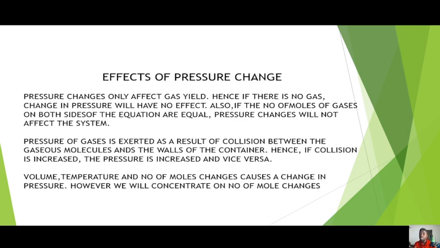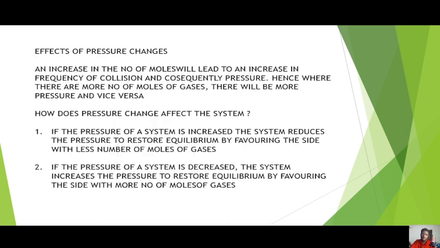So once I'm increasing the collision, automatically I'm increasing the pressure, which means if I'm decreasing the collision, automatically I'm decreasing the pressure. Volume, temperature, and number of moles changes cause a change in pressure. However, we are going to concentrate on the number of mole changes because that is exactly what is going to help us understand how pressure would affect the equilibrium position and yield.